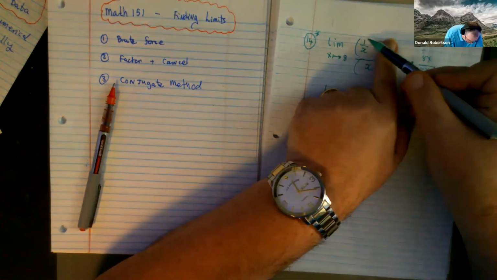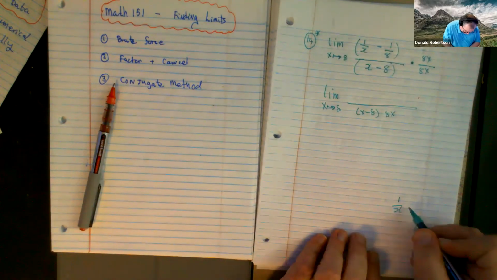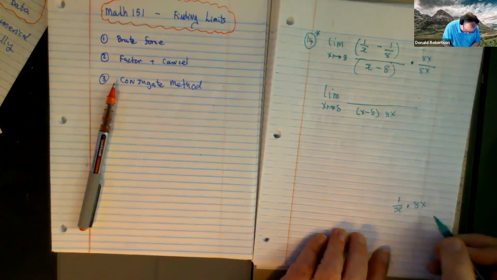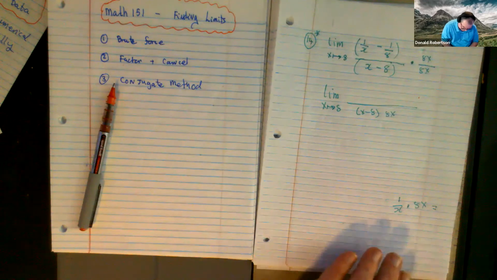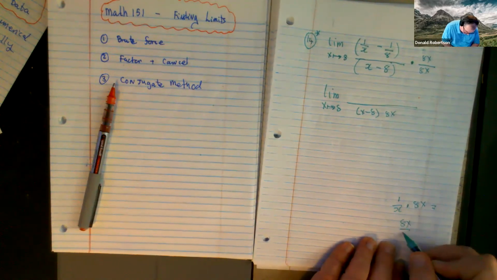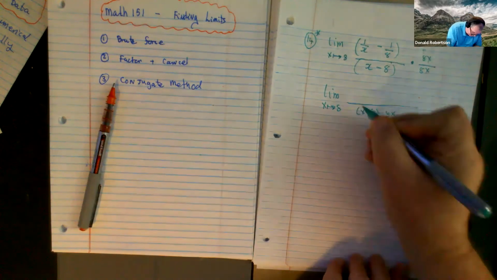If you multiply 1 over x by 8x, let's do it down here, doesn't that simplify very nicely? What would 1 over x times 8x be? If you want to write it as 8x over x, maybe that'll help. What does that become? 8. So that one is 8.